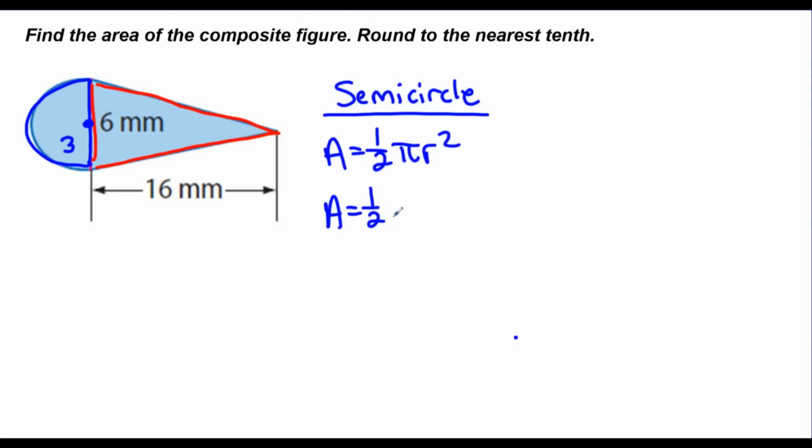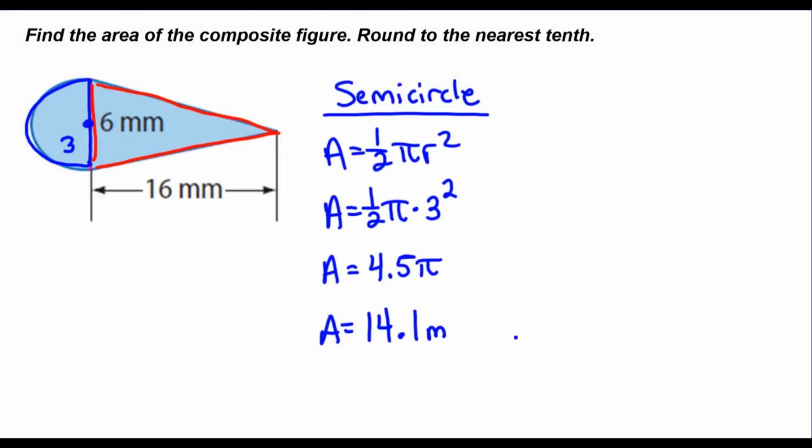So 1/2 pi times 3 squared, or 1/2 times 9 times pi, or 4.5 pi. If we calculate that and round to the nearest tenth, we get an area of 14.1 square millimeters. Then our triangle is 1/2 base times height.